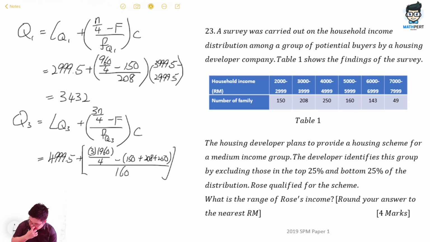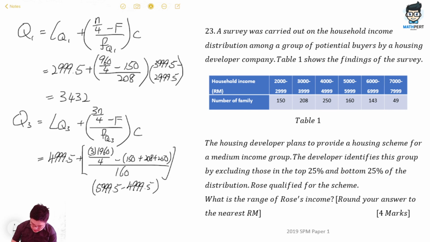Then my C will be the Q3 class size. That means it's the upper boundary minus the lower boundary, which is 5999.5 minus 4999.5. Okay.